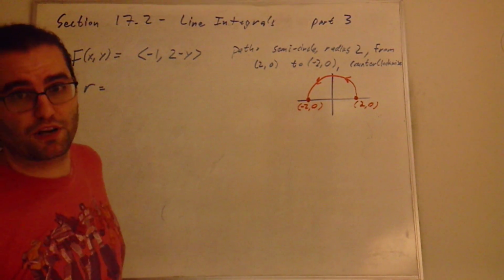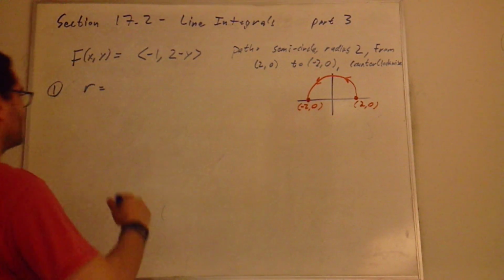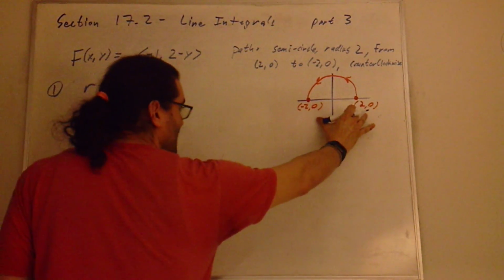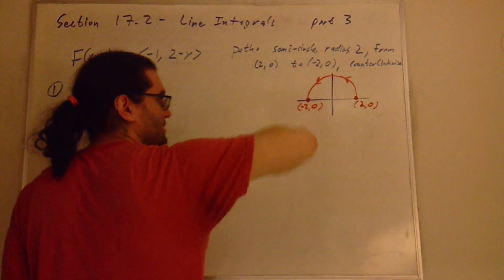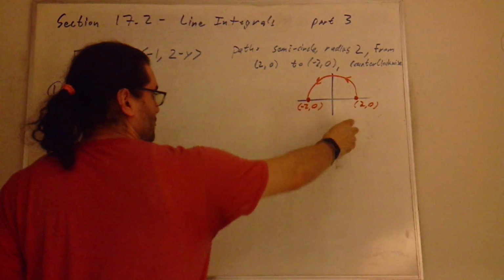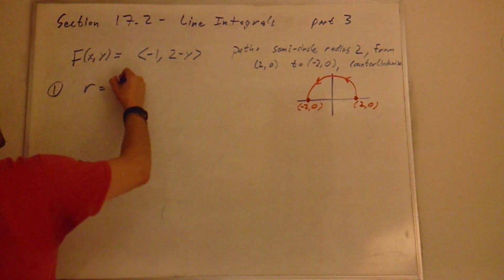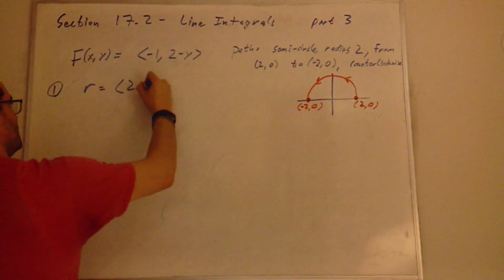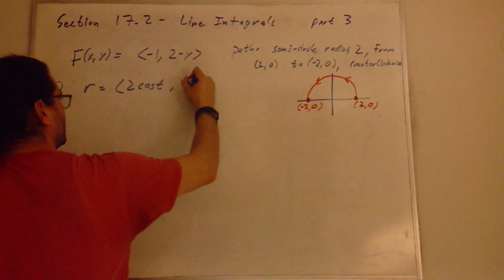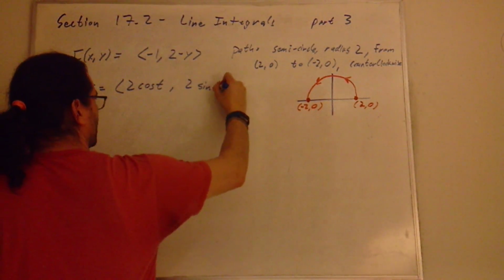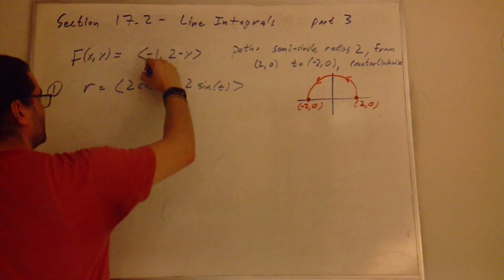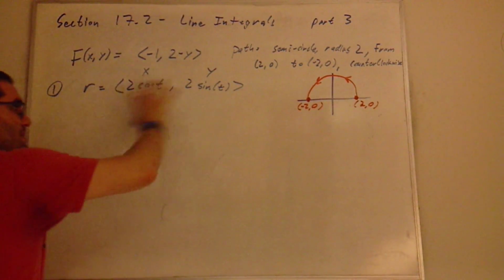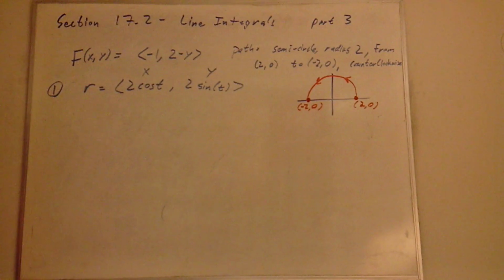That's what we've been working on since pre-calculus. This is going to be the same because we're starting in the same place as your standard unit circle, and we're going in the same direction, except we're going to make it twice as big. So I'm going to say that r is 2 cosine t, 2 sine t. This is my x value. This is my y value. This is my parameterization of my curve.